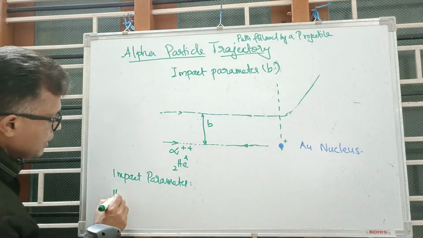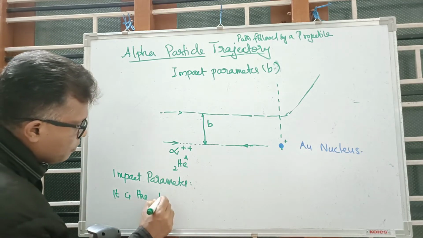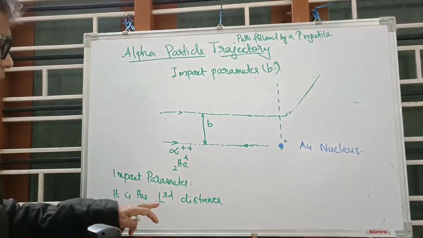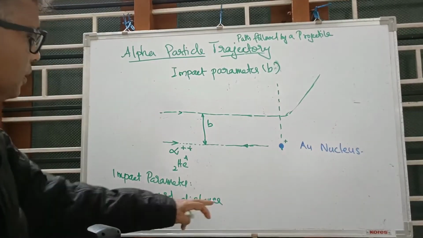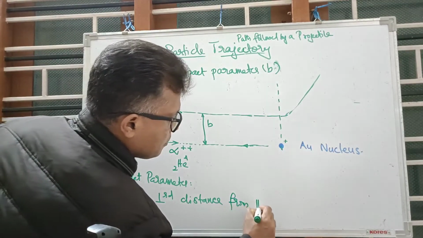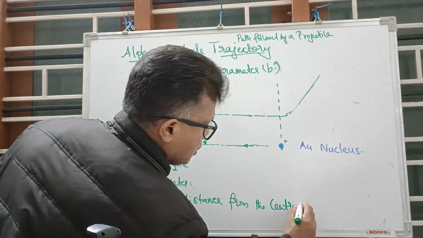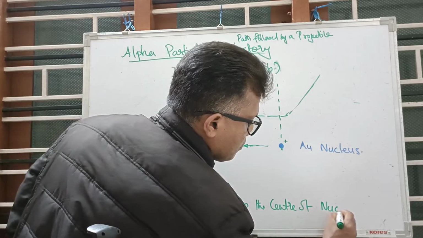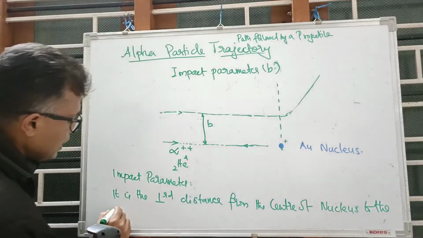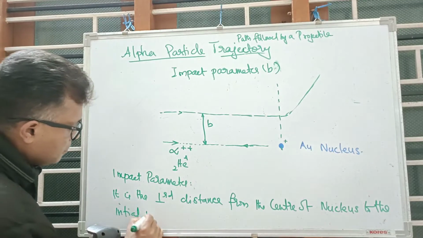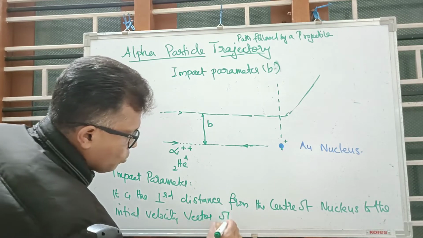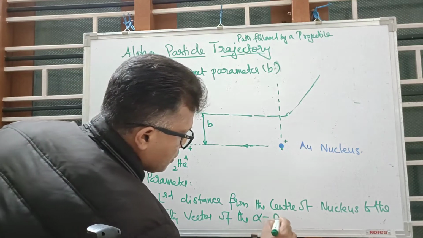So, impact parameter we can write. It is the perpendicular distance. Everybody understood how to write perpendicular? It is the perpendicular distance from the center of the nucleus to the initial velocity vector of the alpha particle.